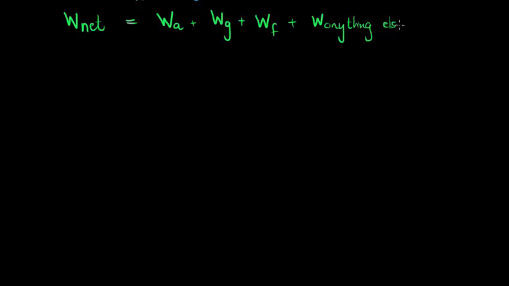Okay, any other force. So any force acting on it. You see I took out the normal force. Now for this I'm just going to use an example of a box that's on an incline. So here I have a box on the incline.